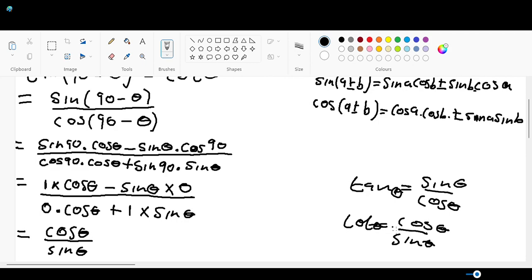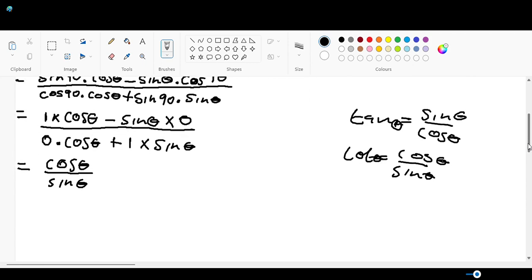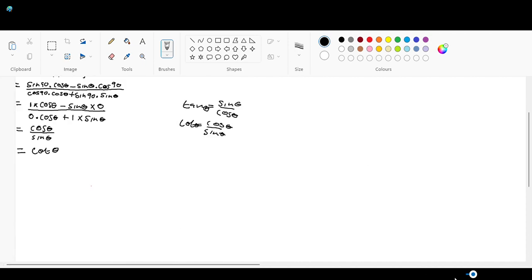So it means that, guys, what do we have here? As you can see here on the last one, we have cos over sine. So if we continue, you will see that our answer is going to be cot theta. So it does look like our right hand side.